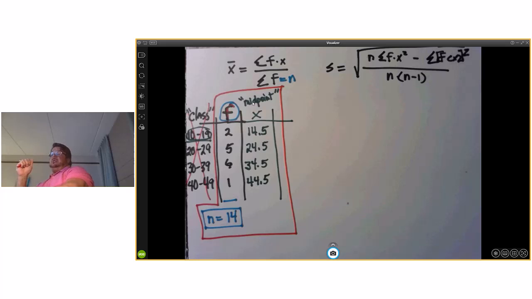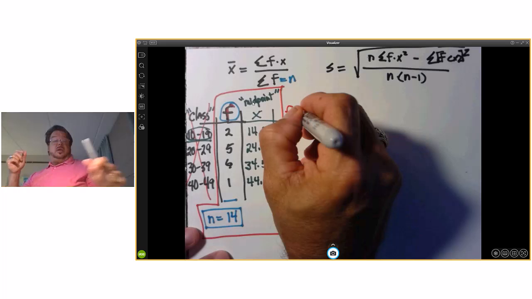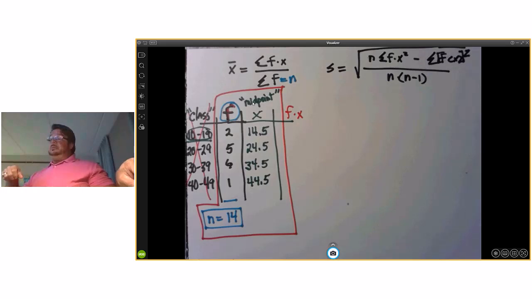So I need to make another column and call it f times what? F times x. So take your handy dandy calculators and multiply f times x. Now is when I'm going to go over to the spreadsheet and I'm going to transfer all this over while y'all are calculating those numbers.